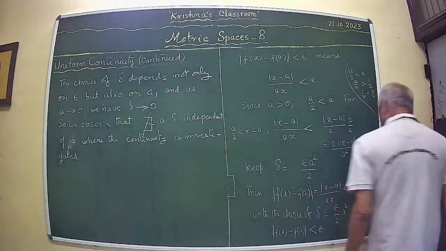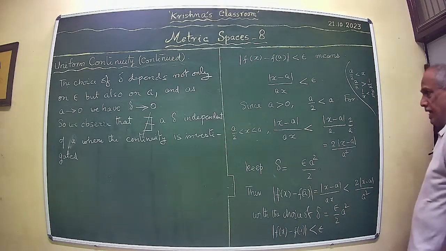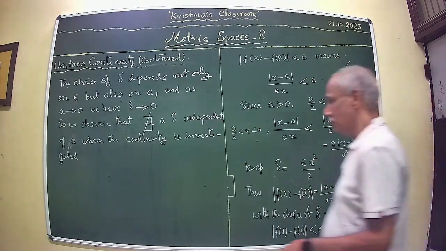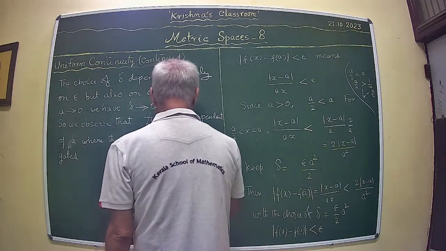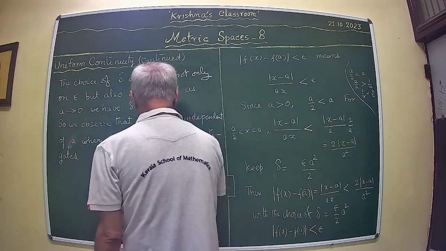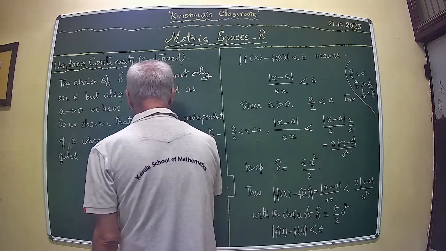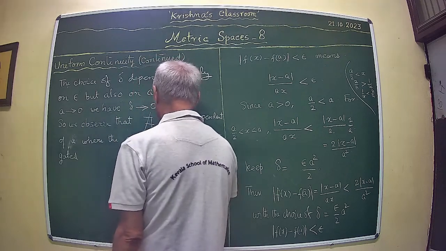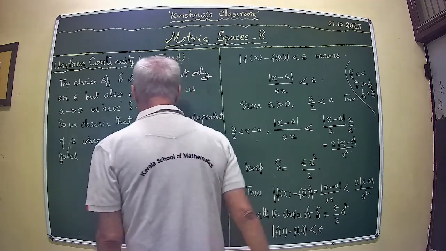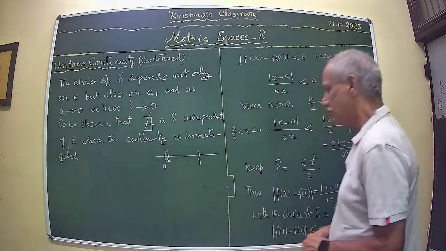This is the qualitative observation. You see, a goes to 0. So this is the scenario. You have chosen a, and what I have done is chosen a by 2, so that you are still greater than 0.